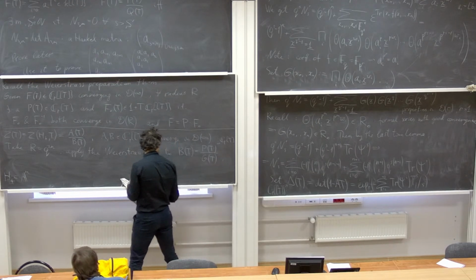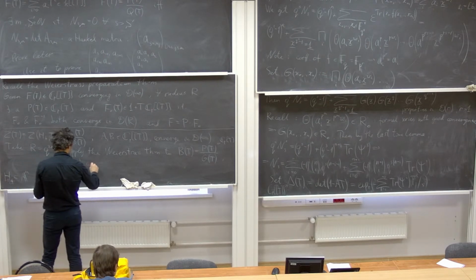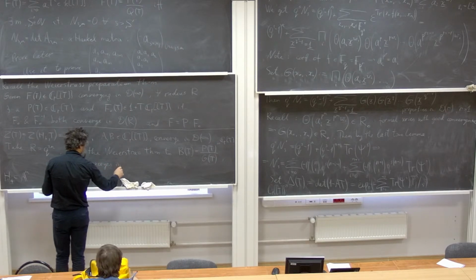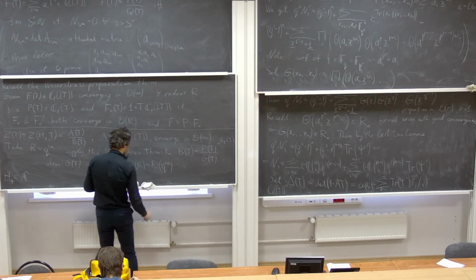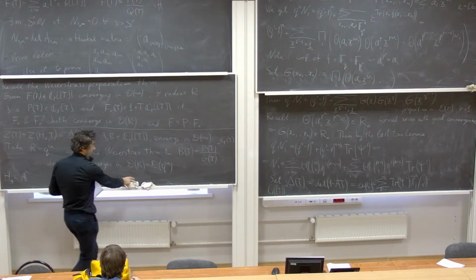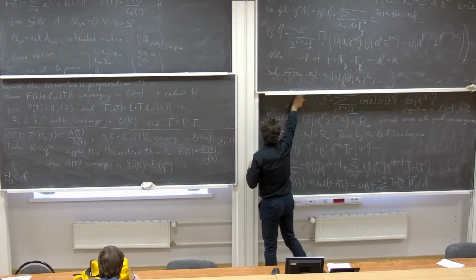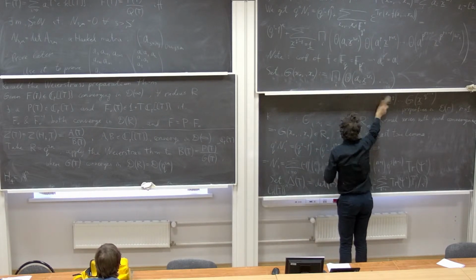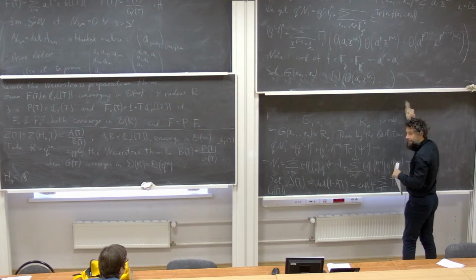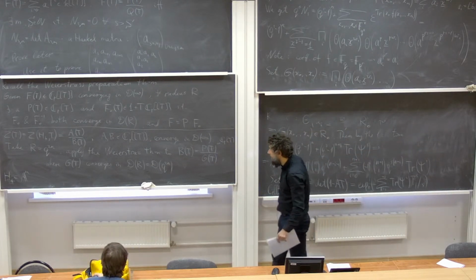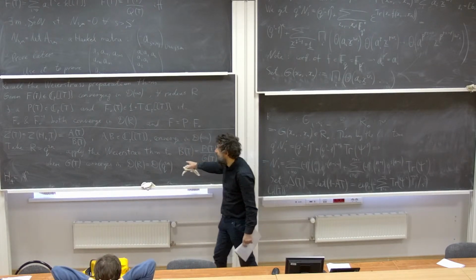And g of t converges in D of r. So we don't know yet that it's rational.